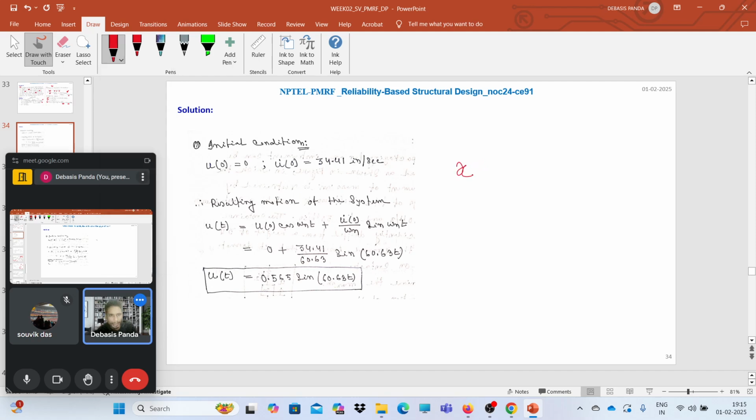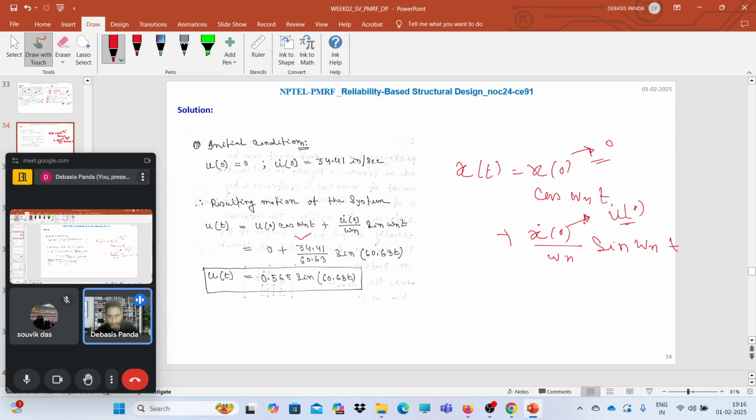So x of t, or u of t, you can write as x naught cos omega n t plus x dot naught by omega n sine omega n t. Now put all these values. x naught is 0, and x dot naught is what you have calculated as u dot naught.